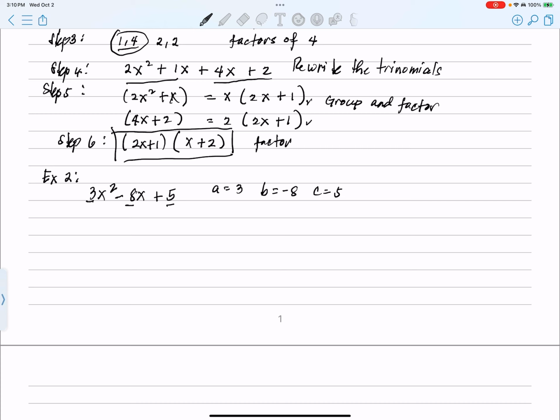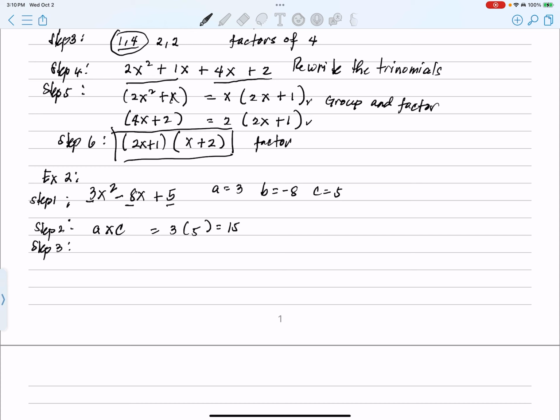Okay, this is step 1. Step 2. Multiply the A times the C. So that means 3 times 5. That is 15. So step 3.